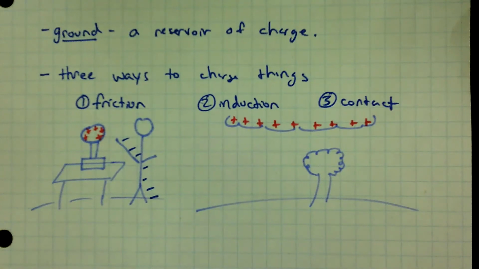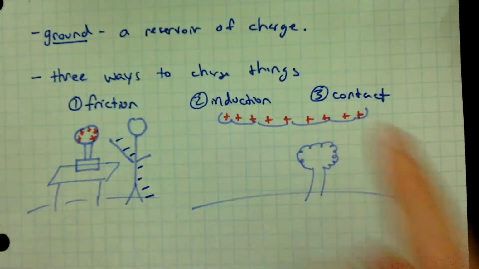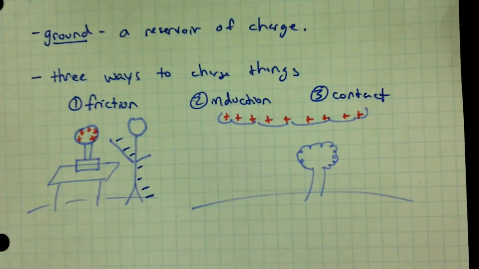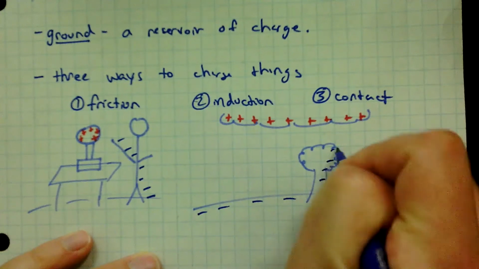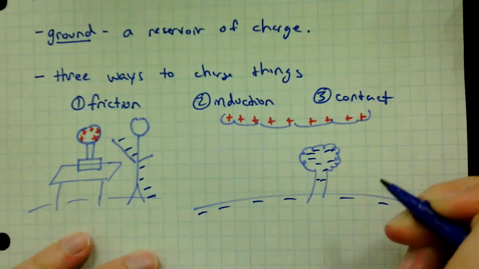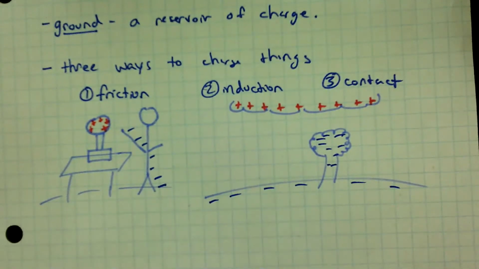But what happens here is, again, the ground is a reservoir of charge. So this cloud is going to push all the positives down deeper into the earth, and it's going to pull all the negatives up, right? And then you end up with a lot of positive, a lot of negative.